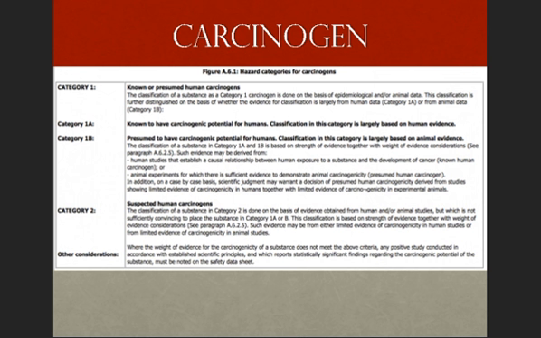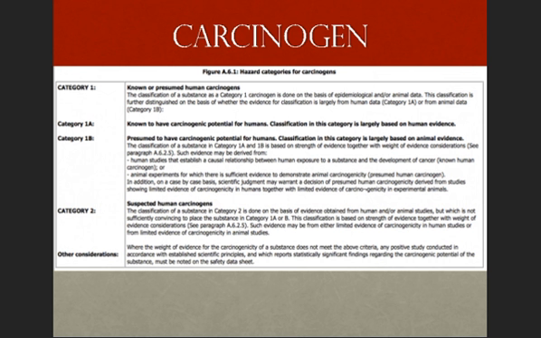Classification of a substance or mixture as posing a carcinogenic hazard is based on its inherent properties and does not provide information on the level of the human cancer risk which the use of the substance or mixture may represent.